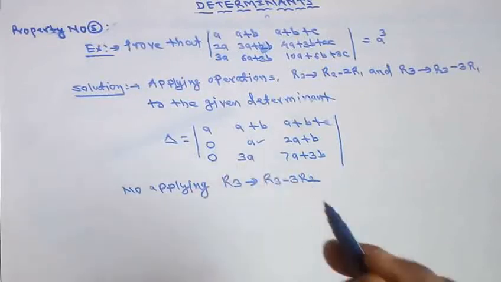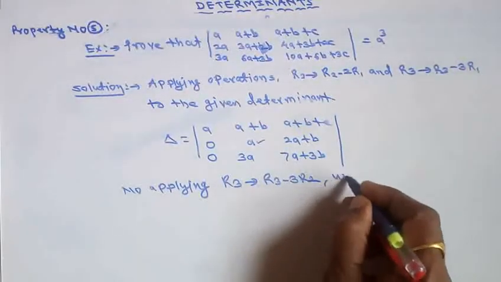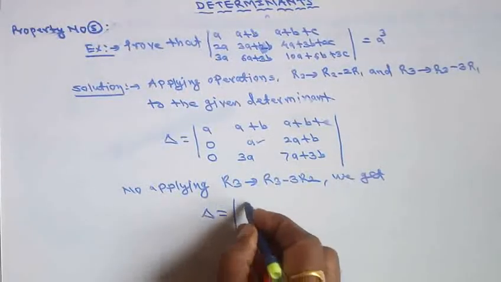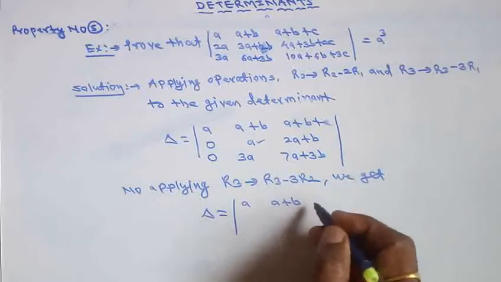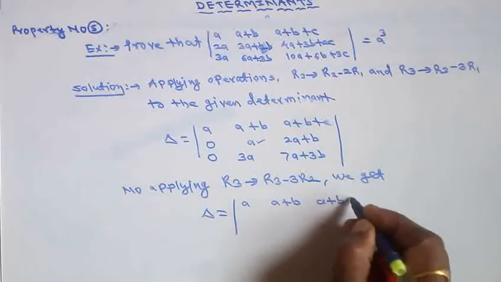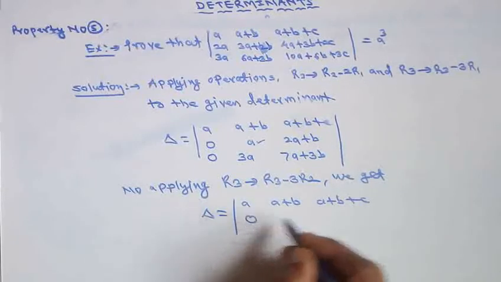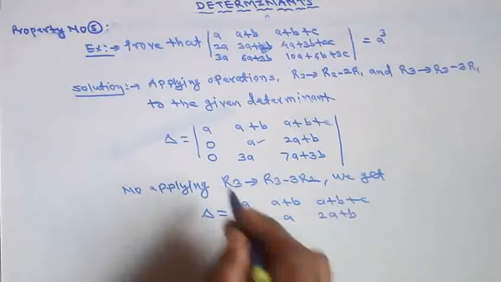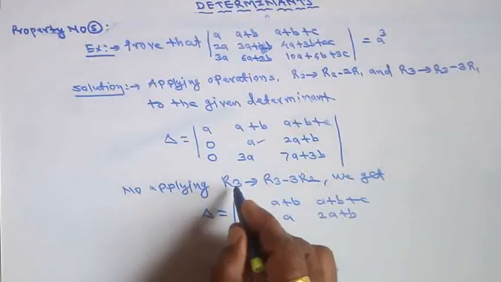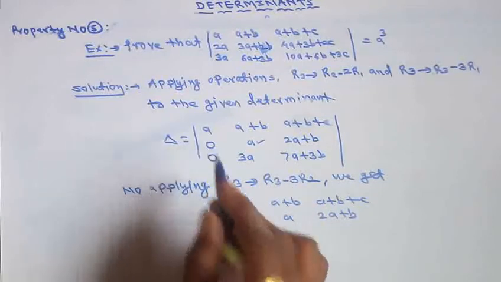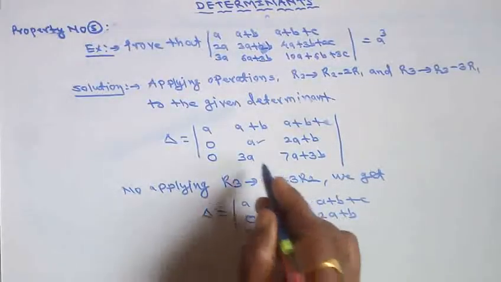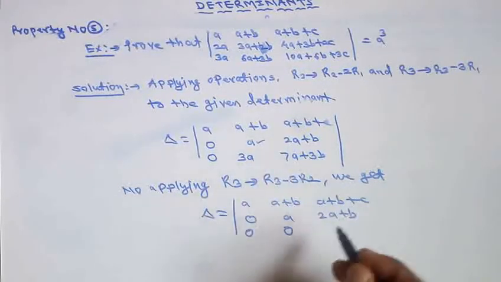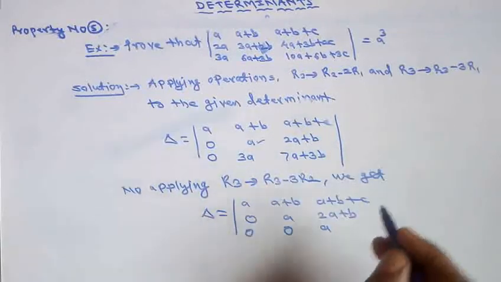So we get delta equals: first row a plus b, a plus b plus c, with no change. Then 0, a, 2a plus b, second row not changed. Third row: R3 minus 3 times R2, 0 minus 3 times 0 is 0, 3a minus 3a is 0, 7a minus 6a means only a, 3b minus 3b is 0.